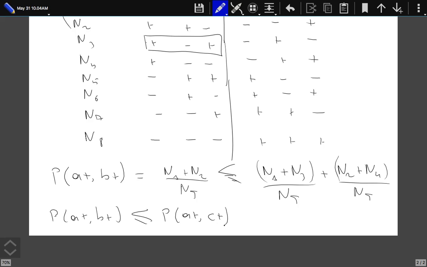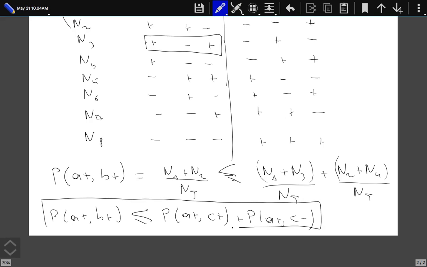The second term over here, N2 and N4, is the probability that A is plus and C is minus. So this is what's called Bell's inequality.